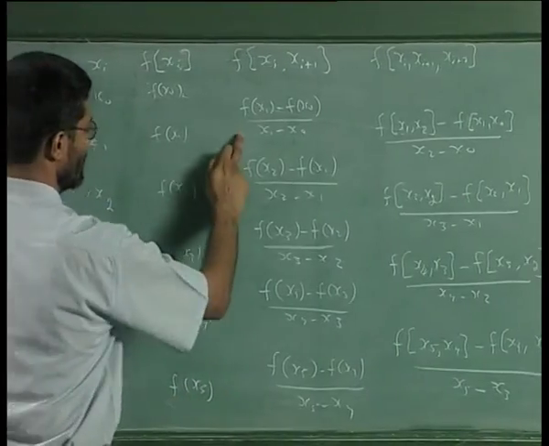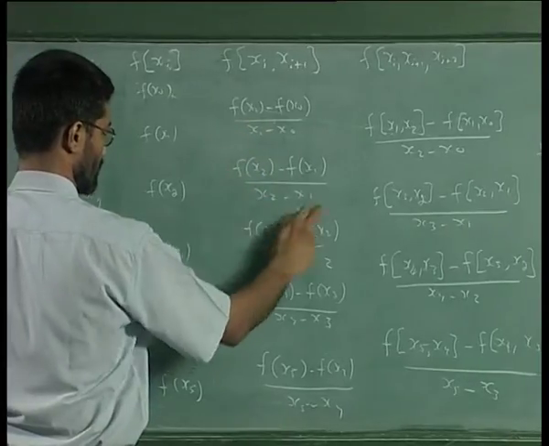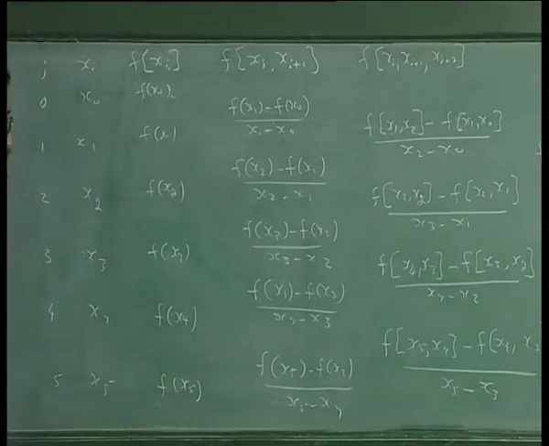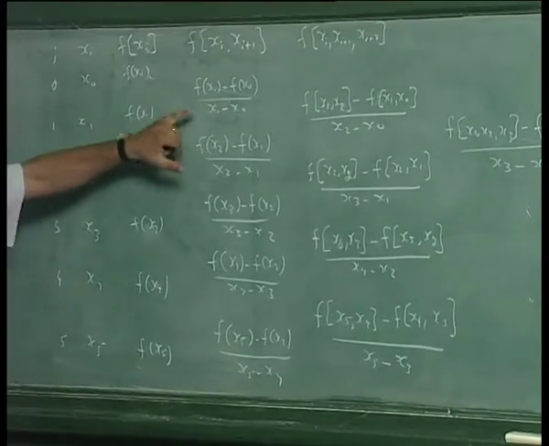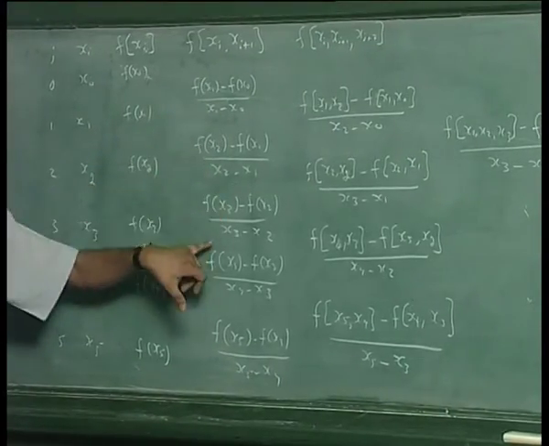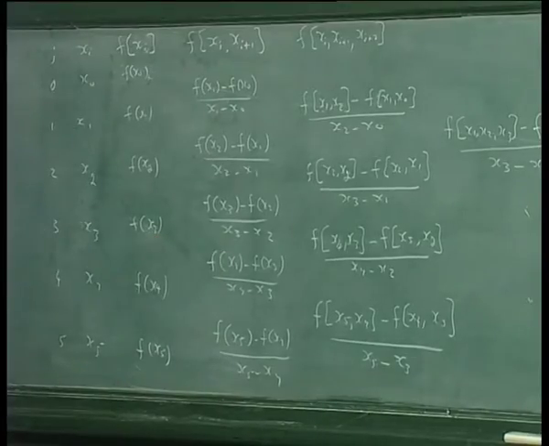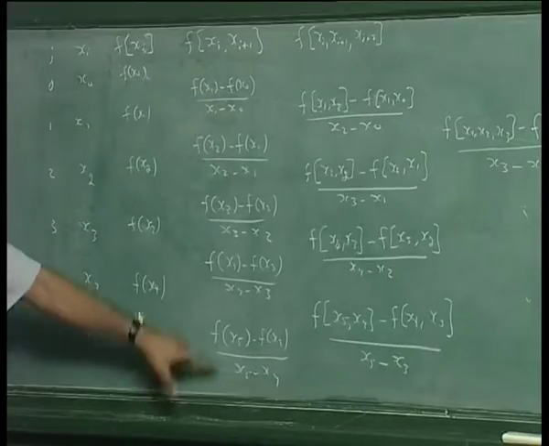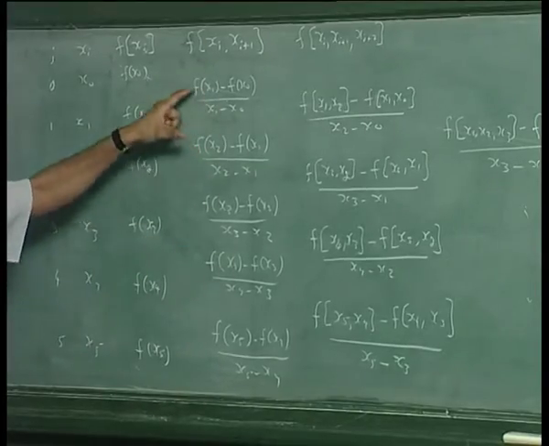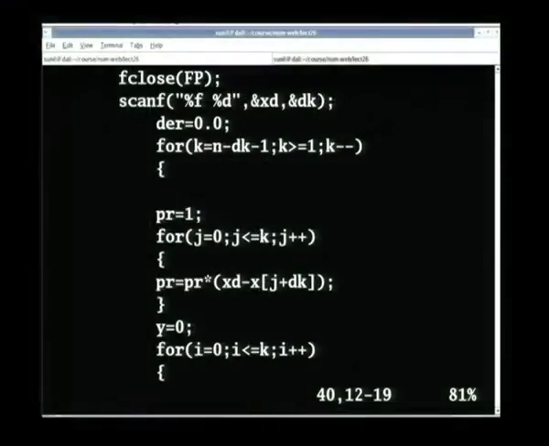We can do that in the case where points are equidistant. That is, x1 minus x0 is equal to x2 minus x1 equal to x3 minus x2, etc. Then the same program can be used, but we could write the divided difference slightly differently, and that is what we have seen in the earlier class.